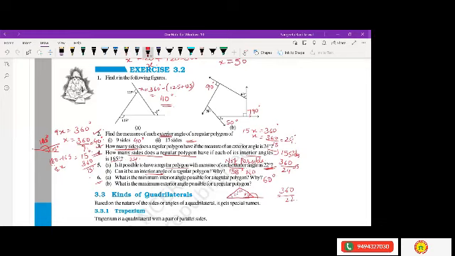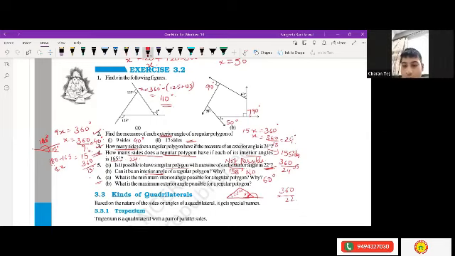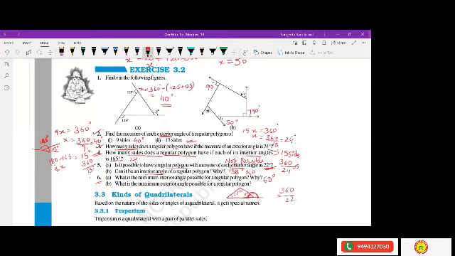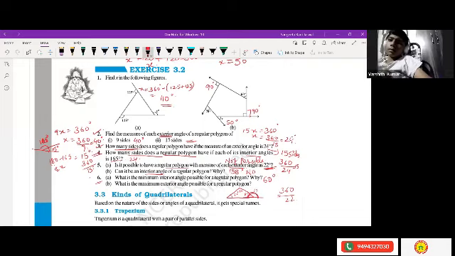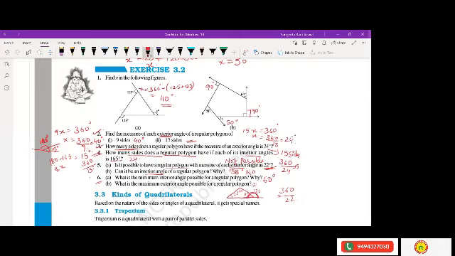If the interior angle is smallest, that means the exterior angle is the greatest, no? 180 minus 60, that is 120 degrees. So the answer is 120 degrees.